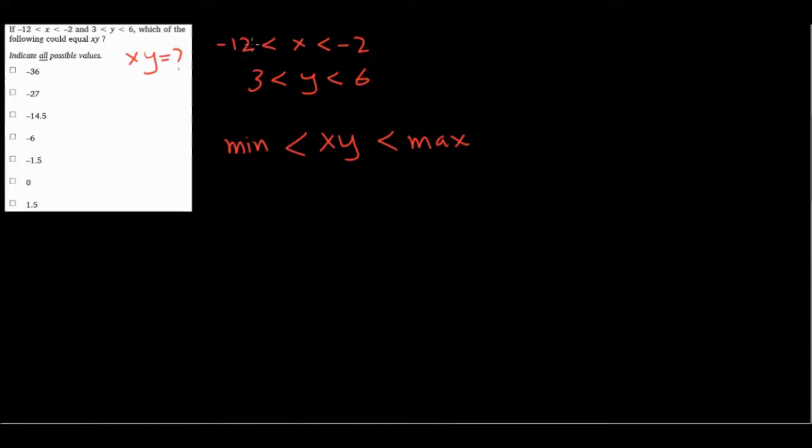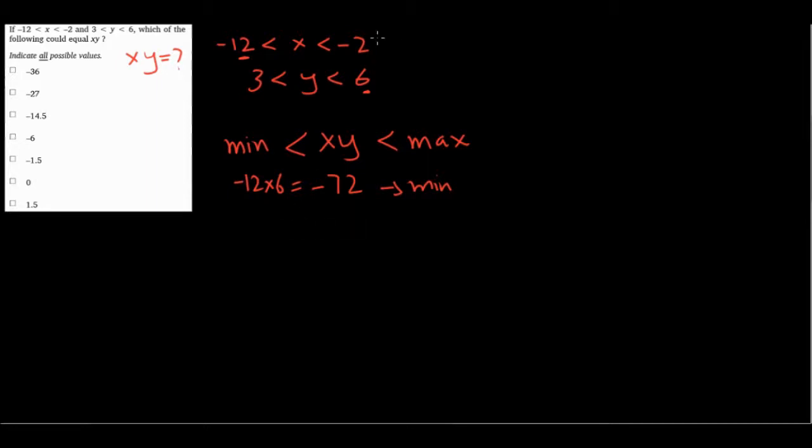Negative 12 times 6 is negative 72. That's the minimum value, because if you have a negative number for x as the minimum value, you pick the biggest number for y, and that gives you the minimum xy value possible. All right, so that's one bound that I have.